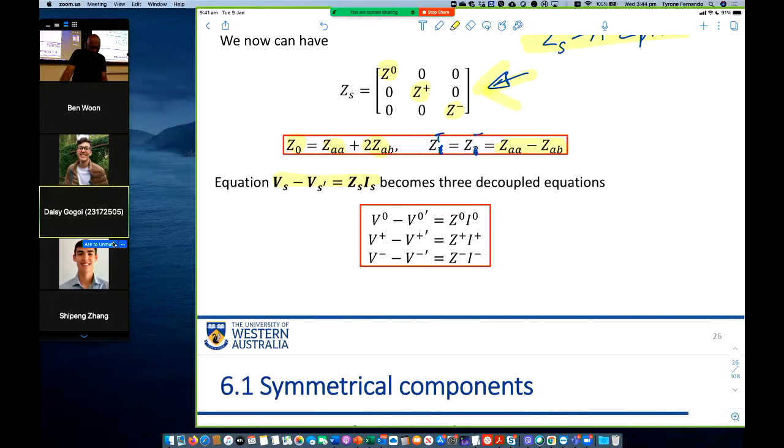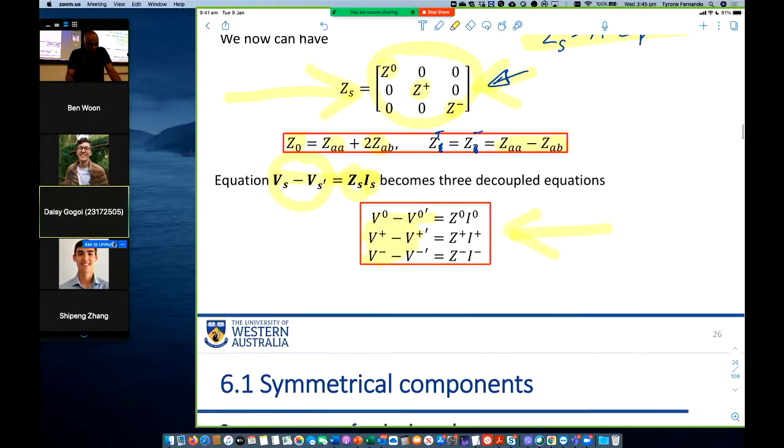This must equal Zs, which is a diagonal matrix, multiplied by the sequence currents, so we end up with these 3 decoupled equations, simply because this term here is a diagonal matrix. So we end up with that.